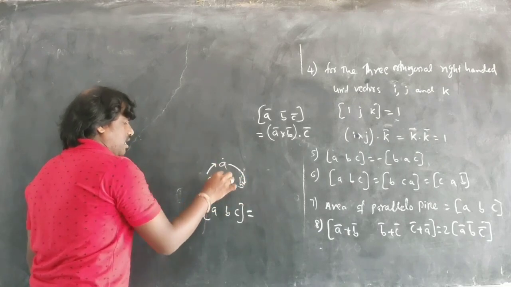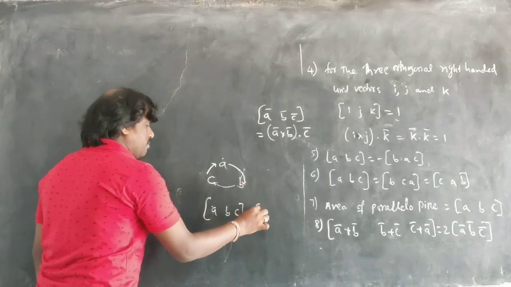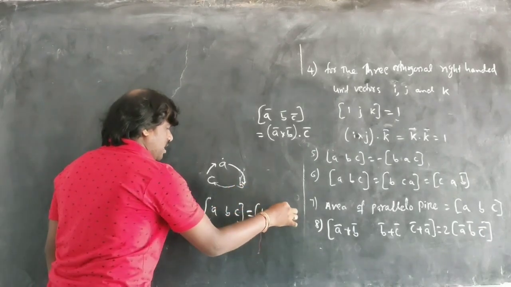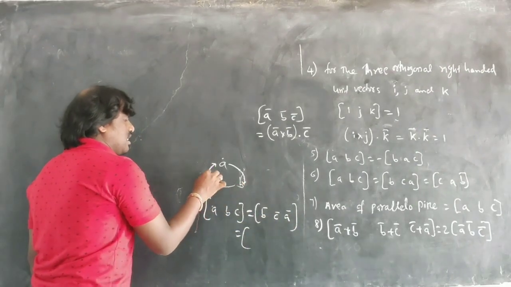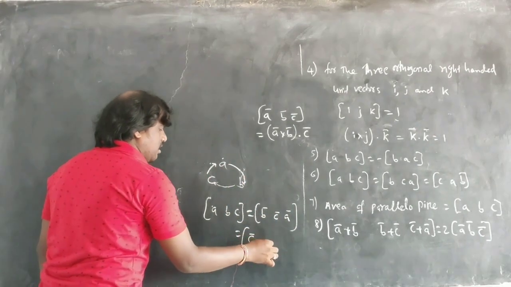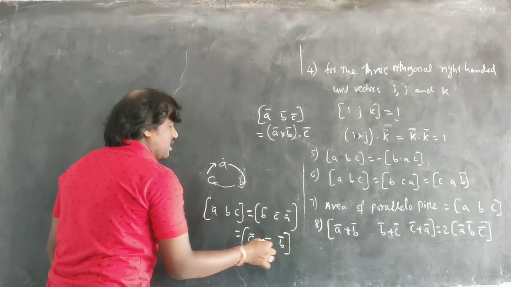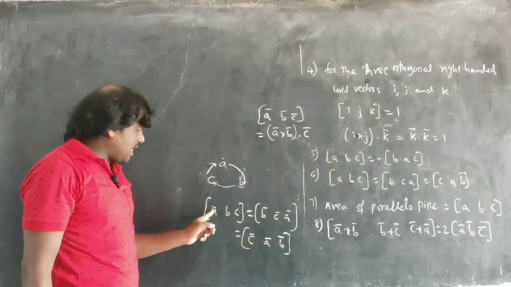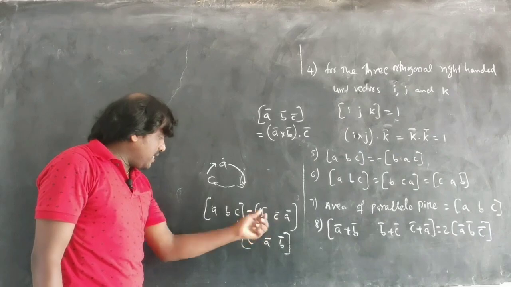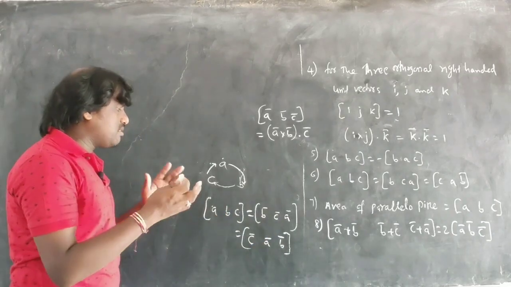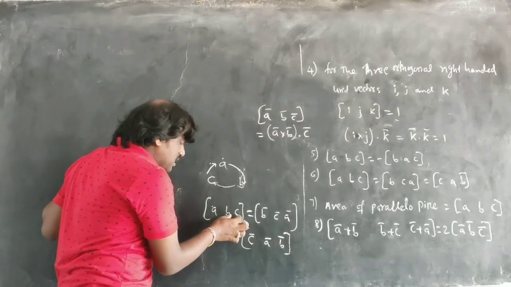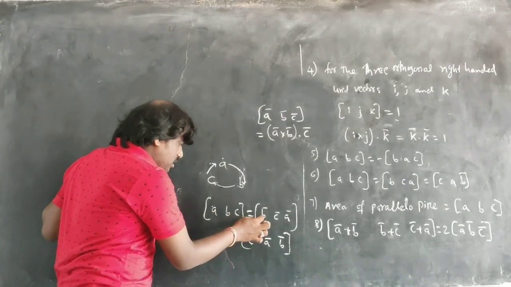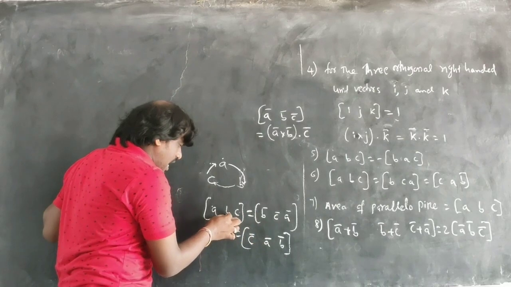You started here A, B, C. Then you start from here B, C, A. And then you start again from B, next C, A, B. If this is the position, then these boxes are equal. Reason is A, B, C. If you see that B, C is interchanged, see here how many times it is interchanged, that is important. See here, first it is interchanged here. You just see here B is here and C is here.